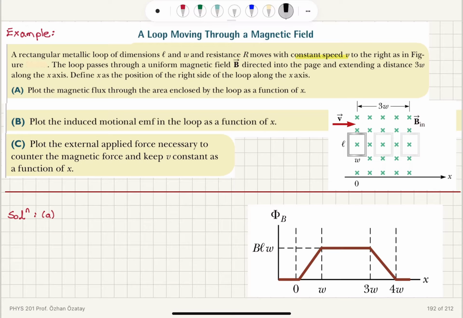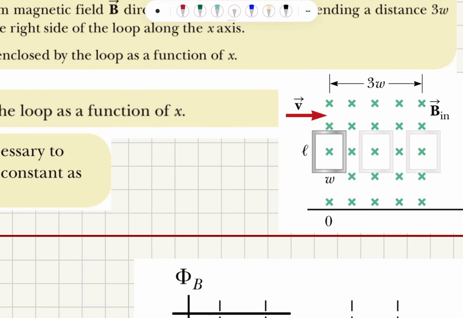So let's start with the magnetic flux when x is between 0 and W. Remember that x equals 0 is the position of the right side of the loop. So the right side of the loop is here. When x is equal to 0, this loop is completely outside the magnetic field.